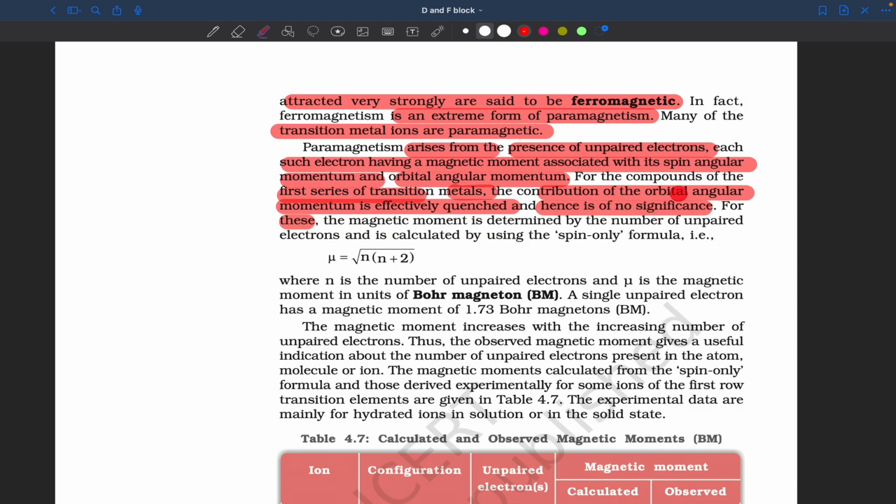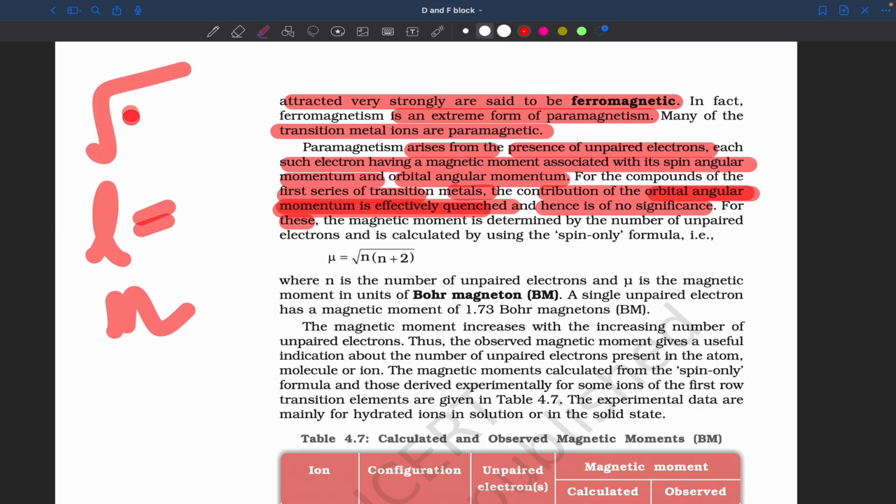So angular momentum is not that effective, that's why we ignore this one. Actually magnetic moment corresponds to both L and S. This is also calculated by the same formula, L into L plus 1 formula you can use to calculate. L is not applicable for 0 orbital, s orbital. It is very negligible, that's why we ignore it, hence it's not significant.